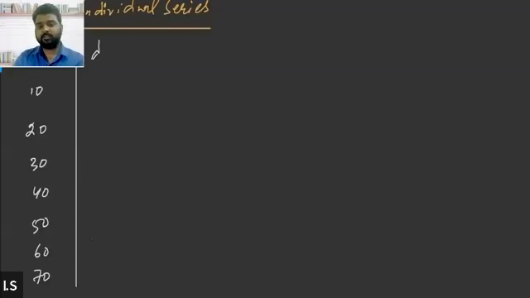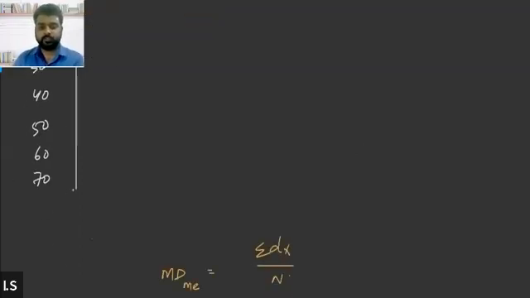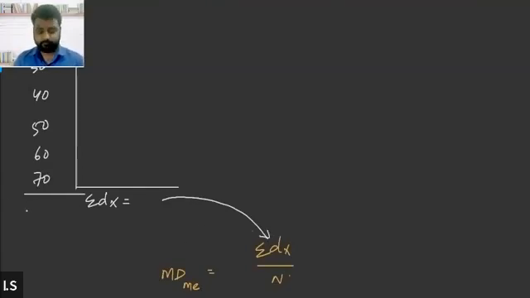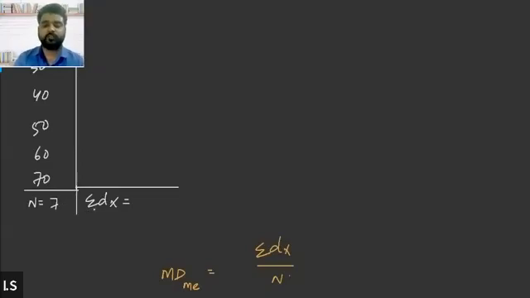Once dx is calculated, we will total the values of dx, put the result into the formula, and divide it by the number of items. We already know the total number of items is 7. The only thing that we need to calculate is dx.